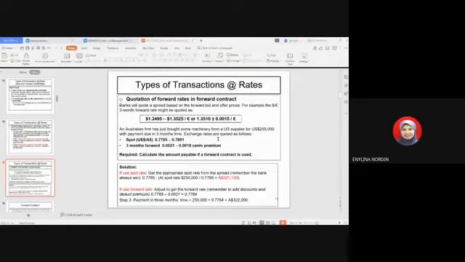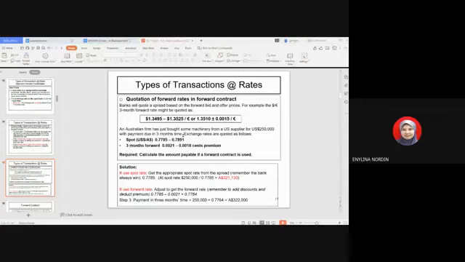Now look at this example. Let's say an Australian company has just bought some machinery from a US supplier, for the cost of 250,000 US dollars, with the payment due in 3 months time.